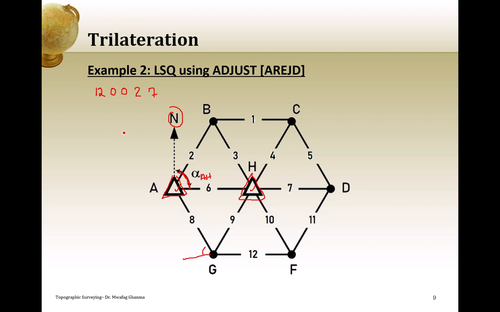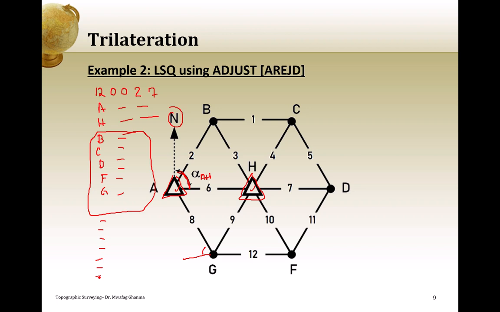We will have just the distance observation, or at the beginning the coordinates of the control points. We will have A and the coordinates, and H and the coordinates. Then we will have the unknown B, C, D, F, and G, and we will put here the approximate coordinates for these points only, and then we will have the distances, and that's it.